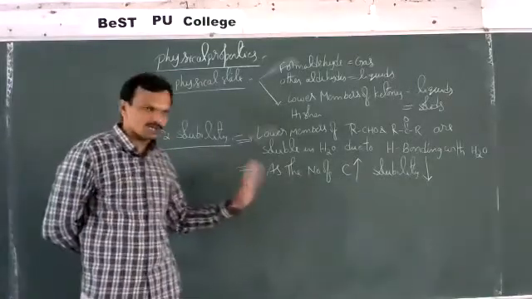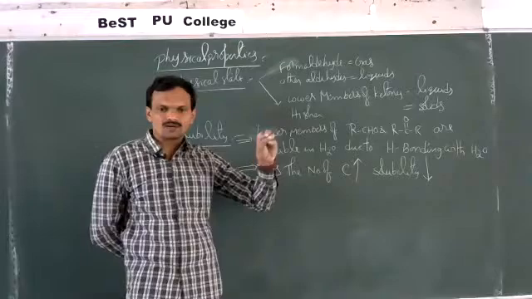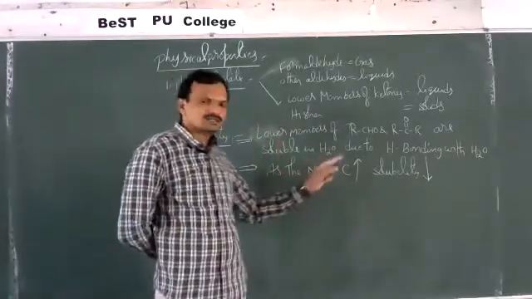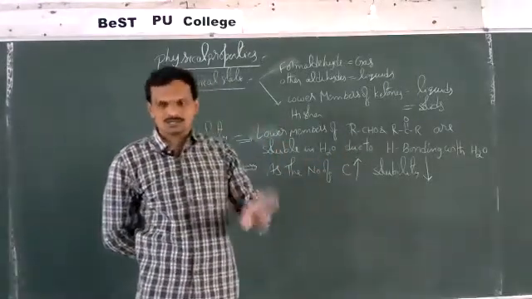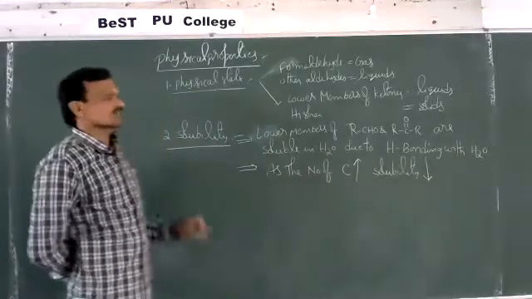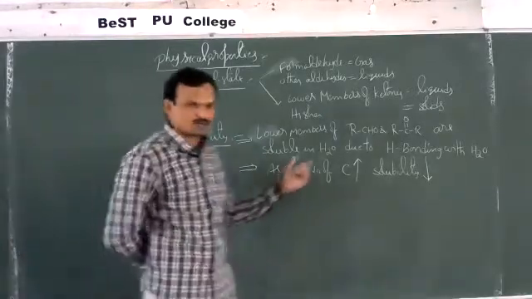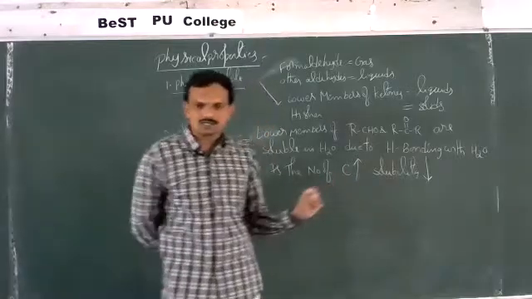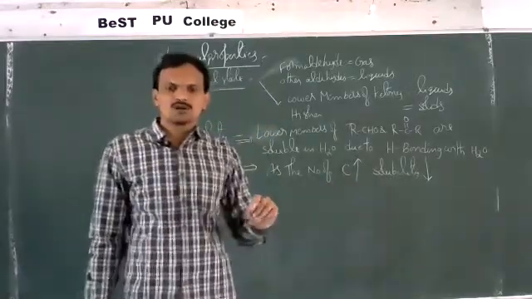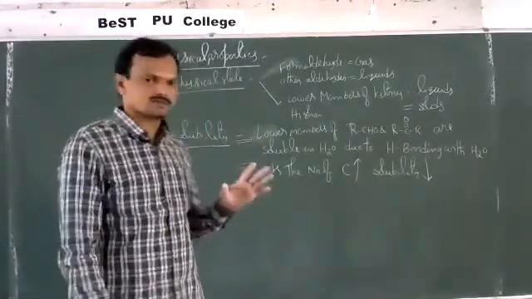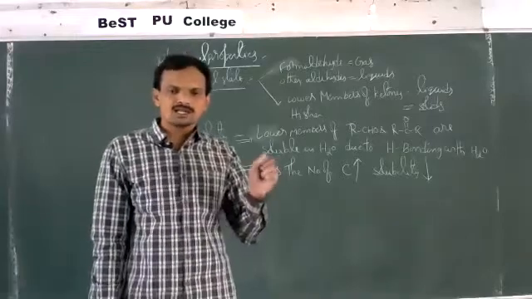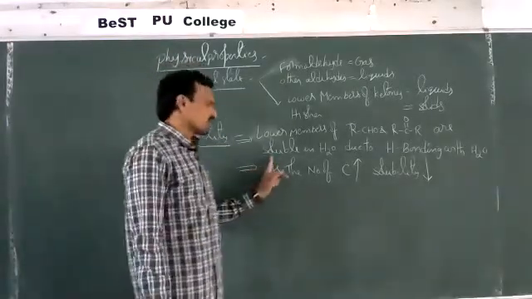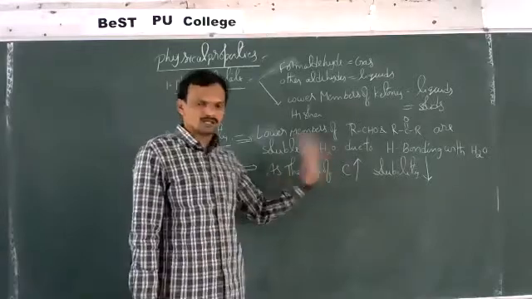Why does the solubility decrease with increasing number of carbon atoms? As the number of carbon atoms increases, the tendency to form hydrogen bonds decreases. Since that tendency decreases, the solubility of aldehydes and ketones also decreases.